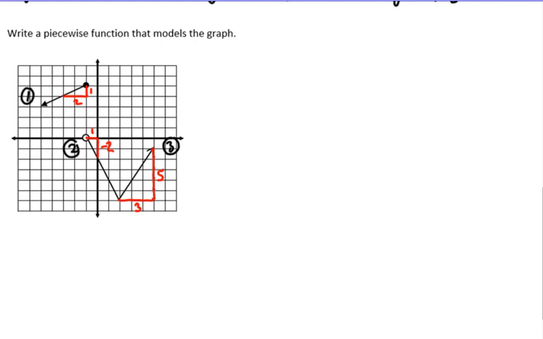I'm going to show you a couple ways to find the equations of these lines, and then you can decide how you would like to do this. Number 1, I can pick a point on the line, which is -1, 5, and I know the slope is 1/2, and I can use y equals mx plus b.